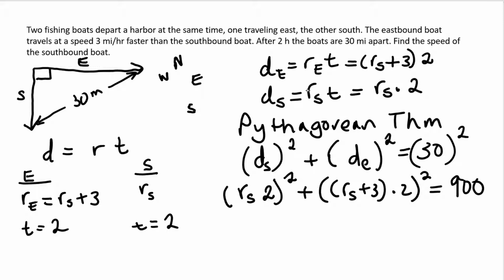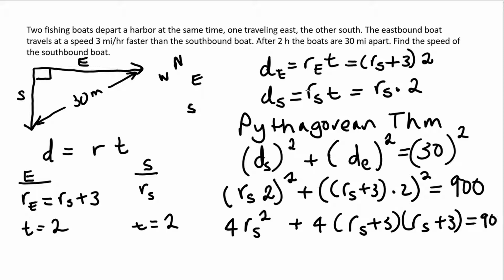Let's do term by term squaring. So you get 2 squared is 4, and the variable RS squared. Let's move to the second term, so 2 squared is 4. And reminder, this is RS plus 3 times RS plus 3, and that's still equal to 900.